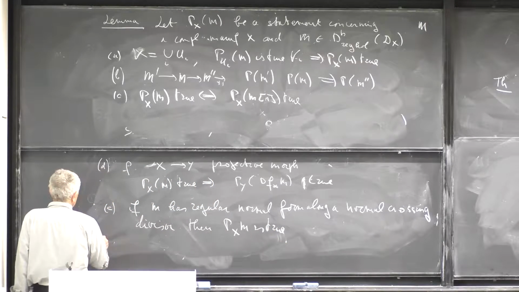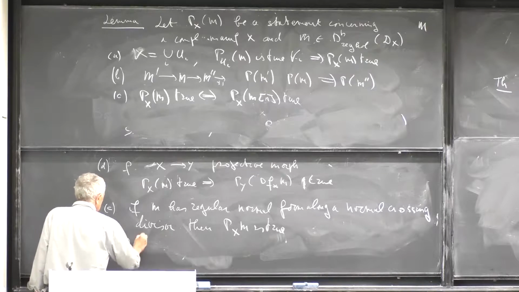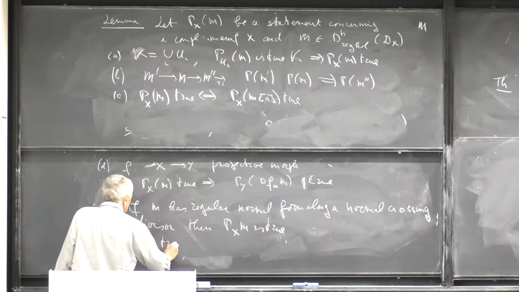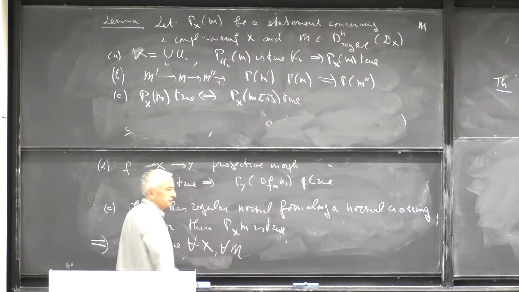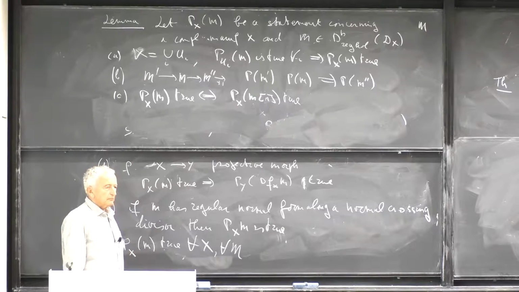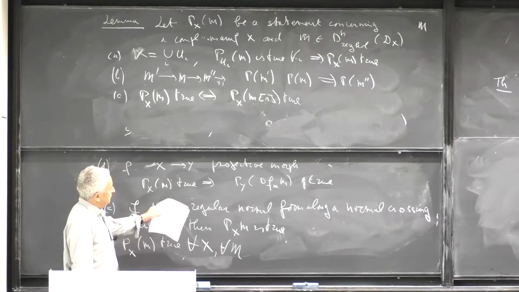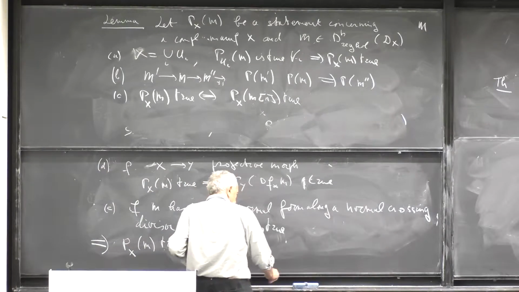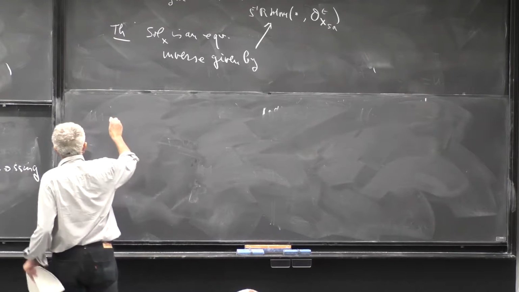Conclusion: then Pxm is true for any x, any m. And I will explain what it means for a normal crossing to be of regular normal form.